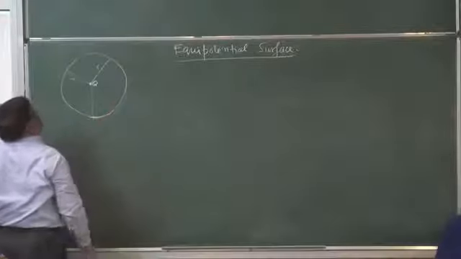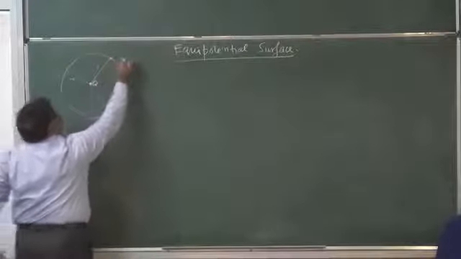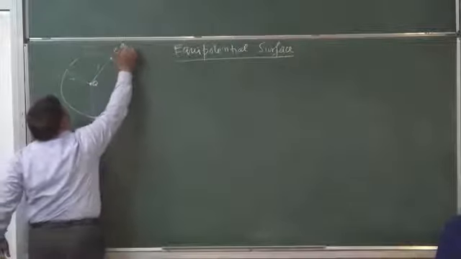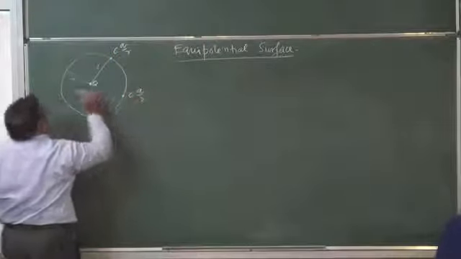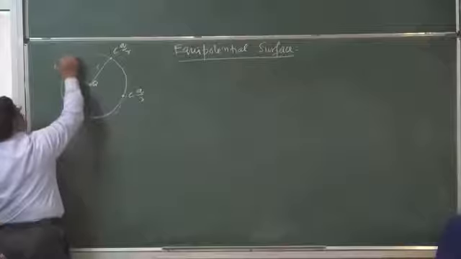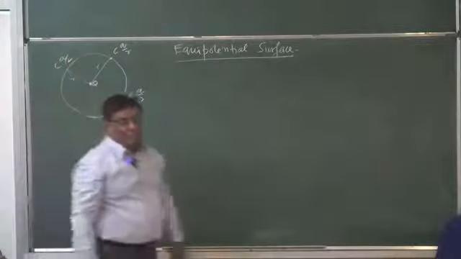Now, what should be the potential at this point? Answer: kq upon r. Here kq upon r, here kq upon r. Everywhere we find the potential is the same.